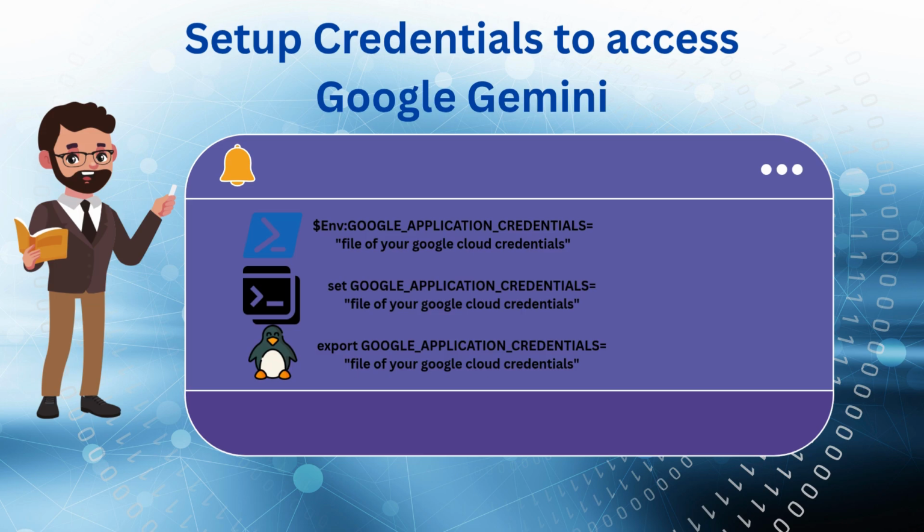Here is the command to set the environment variable on PowerShell. You can set the environment variable according to your environment, whether it's Linux or Windows, using the Windows and Linux commands. These credentials can be downloaded from Google Cloud Console, and you can save them on your local machine and set the path to the environment variable before running the program.